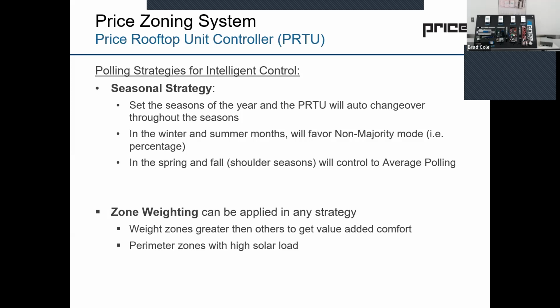So if you have a perimeter zone with a southern exposure where the sun comes up in the day and then it gets hot and then it drops at night, you can weight those zones greater than the interior zones so they can win a few more votes to help control their zones a little bit better. So just always remember, an exterior zone is a little more crucial than an interior zone. If you're trying to control a copier room or a lunchroom that has interior walls, it's important, but not as important as those exterior ones that have a skin load that need to be taken care of for sure.